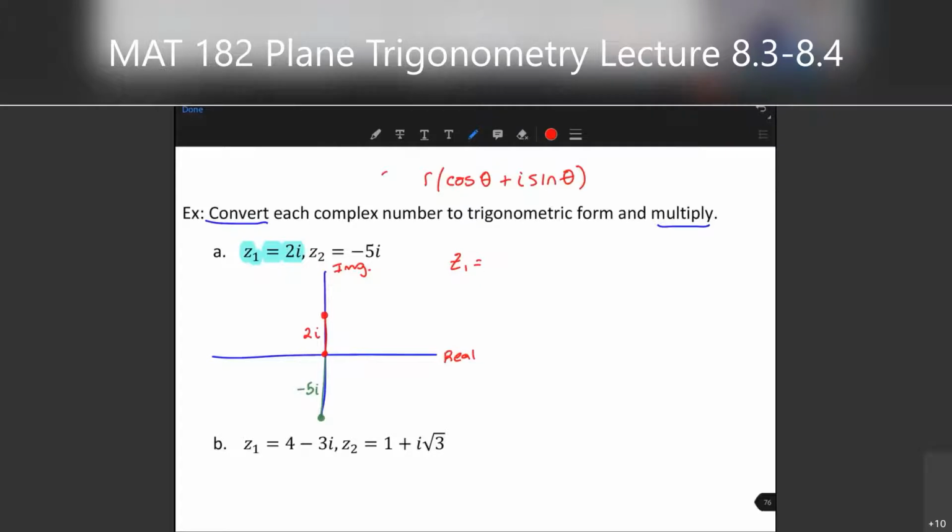That's our general trigonometric form. So what would be the modulus for that Z1? What would be in place of r? What is the distance from the origin?